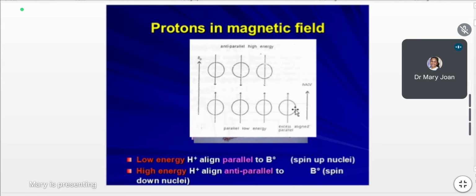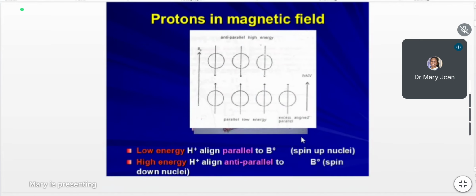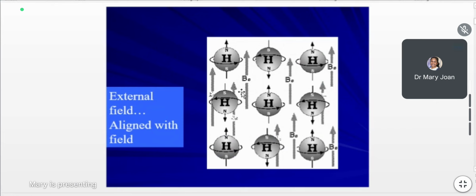Protons in a magnetic field: low energy H plus is aligned parallel to the applied magnetic field, the spin up nuclei, and high energy H plus is aligned anti-parallel to the applied magnetic field. The spin up and spin down, that is what we have seen here. You can see some of them are spin up and some are spin down.